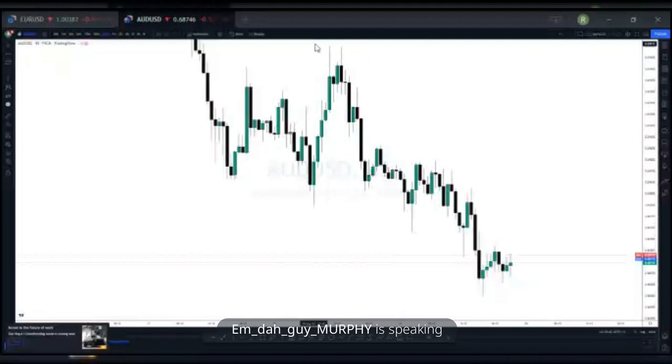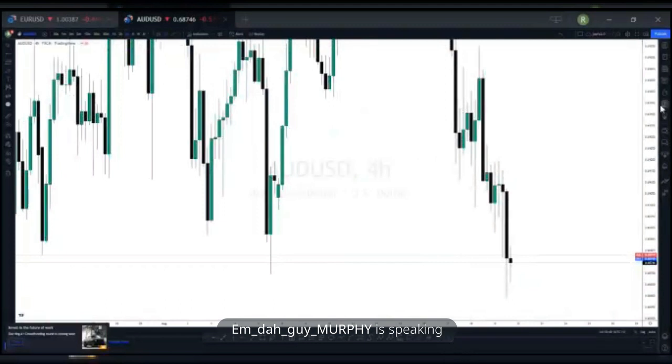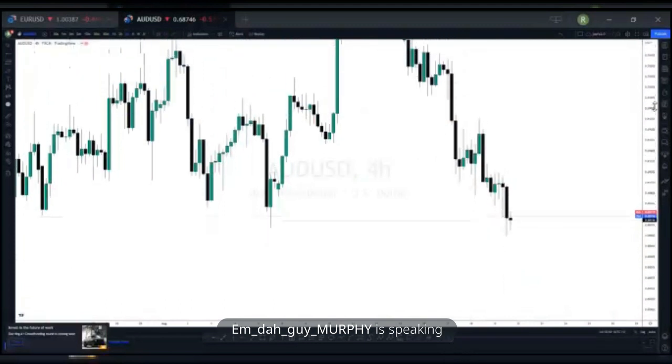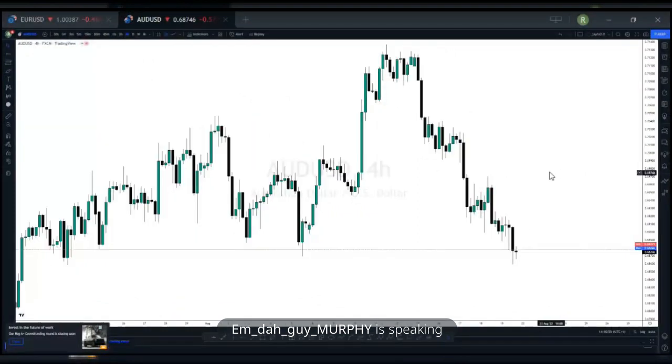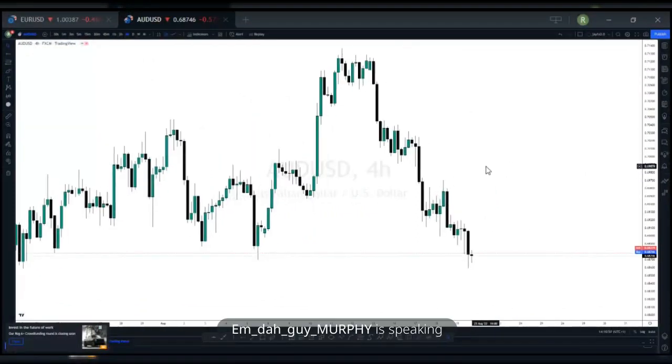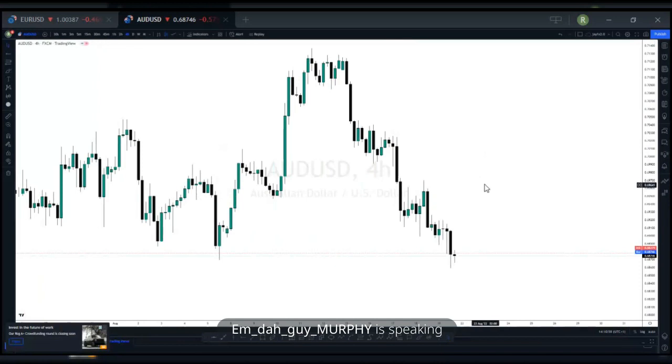If you are planning to sell, then you will see two supply zones, the one below and the one above. I don't know which one is the best to choose. If you have two supply zones that are closer to each other, which one is good?